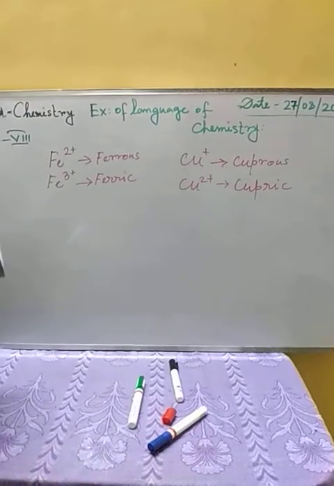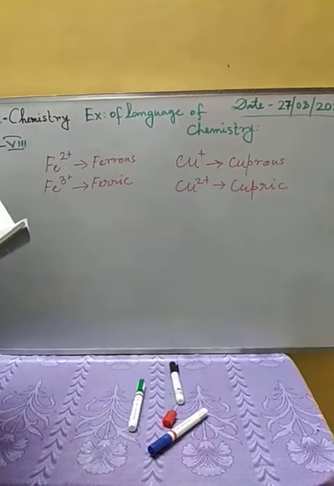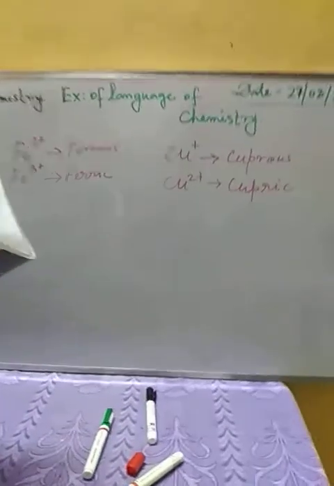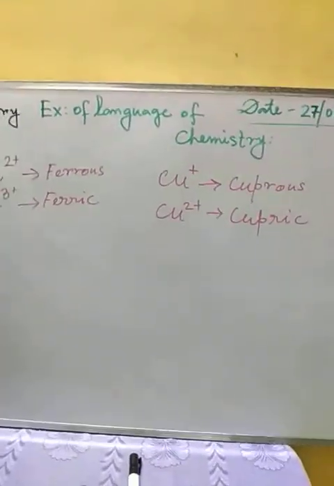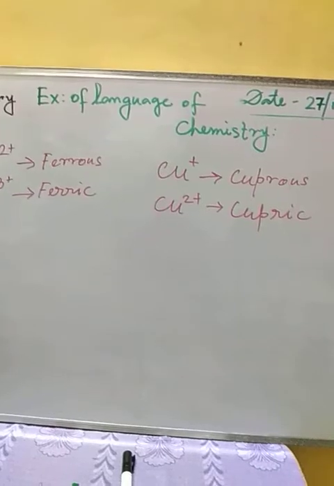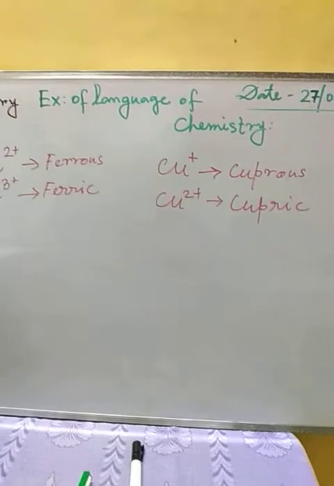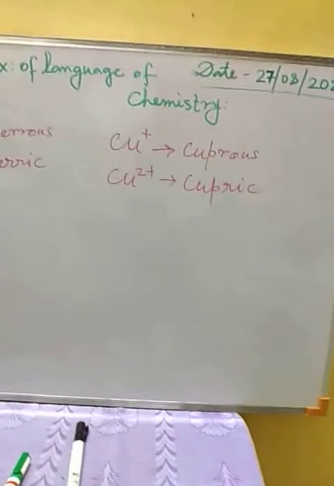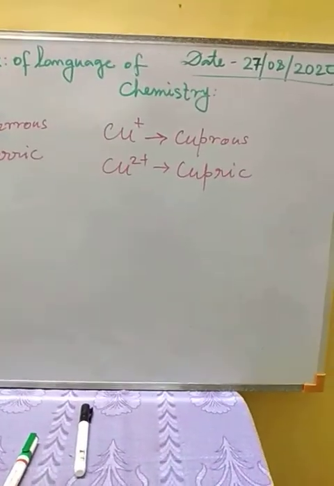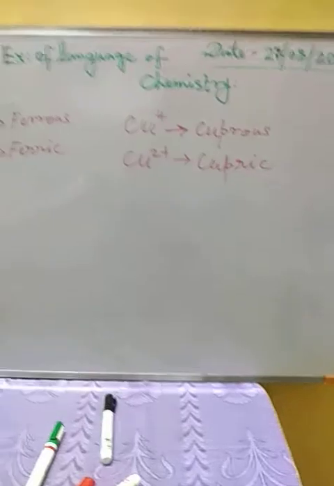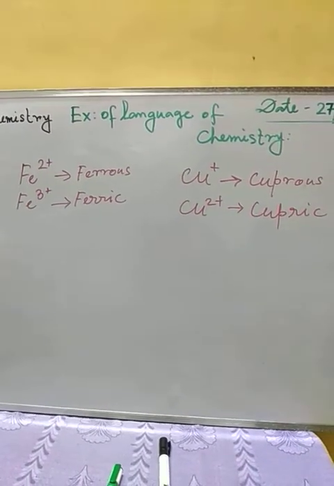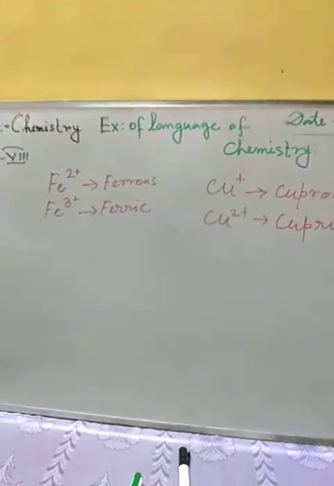Reactants means the substances which react during the chemical reaction. Those are the reactants, and products are the substances which we get after the reaction. Those are called products.